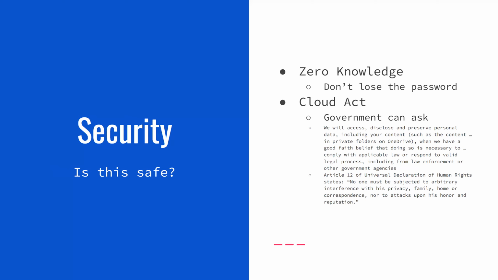But when we have a good faith belief that doing so is necessary, they will comply with applicable law or respond to valid legal process, including law enforcement or other government agencies. What that means is your data is yours, but any of these cloud storage things that are based in the US, if asked, they will give that data to any government agency that requests it.